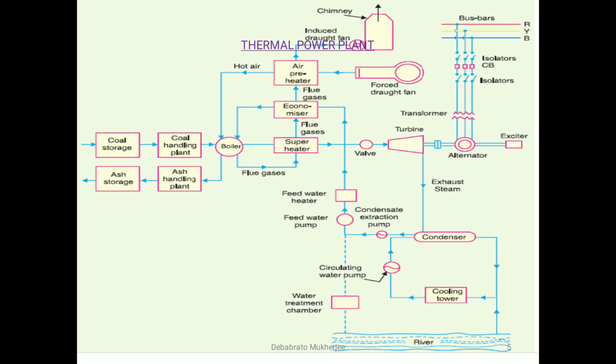In a thermal power plant, generally coal is taken as a fuel. It is crushed and made into pulverized form so that combustion efficiency increases, and it is fed to the boiler furnace where it is burnt.